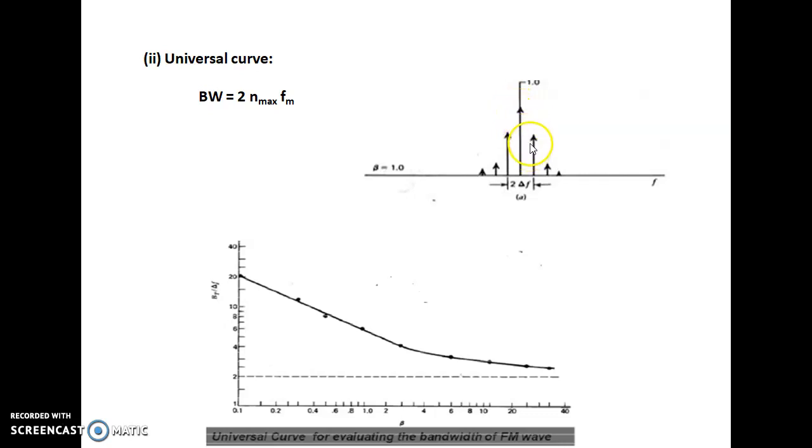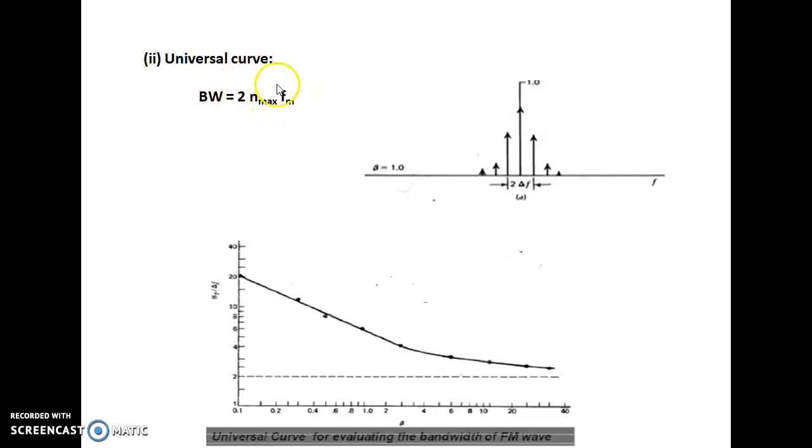You will have to transmit as many spectral components around this Fc as have an amplitude greater than or equal to 1% of the carrier frequency amplitude. If you consider it that way, you will get n max.